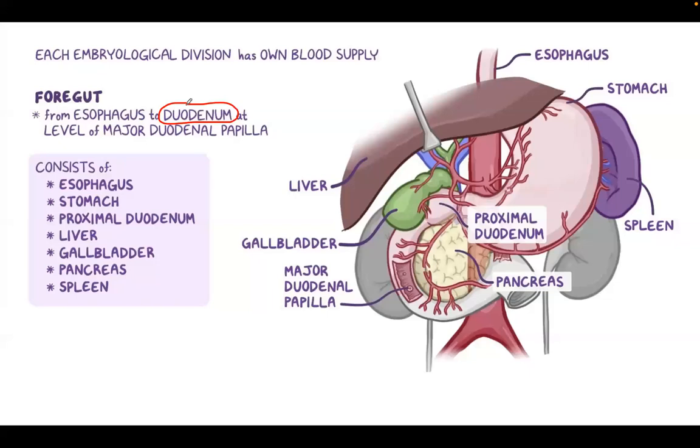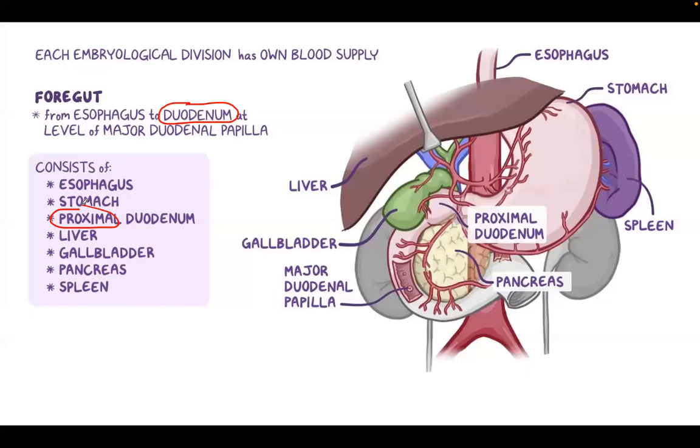So basically the foregut would be the primitive structure that would give rise to the esophagus, to the stomach, to the proximal, take note, it's the proximal duodenum, the liver, the gallbladder, the pancreas, and the spleen.